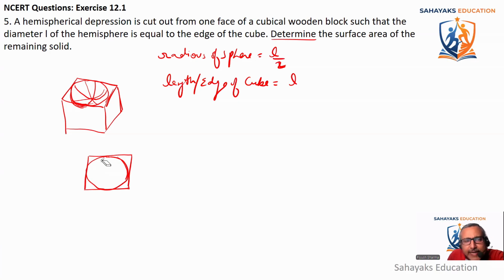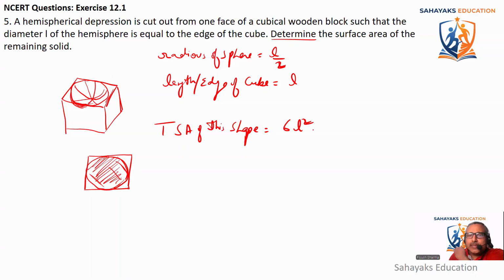Okay, so we need to reduce the area of the circle from the total surface area of the cube. So the total surface area of this shape is equal to the total surface area of the cube, that is 6L square, minus pi r square, that is pi into the radius of this circle, which is L by 2.